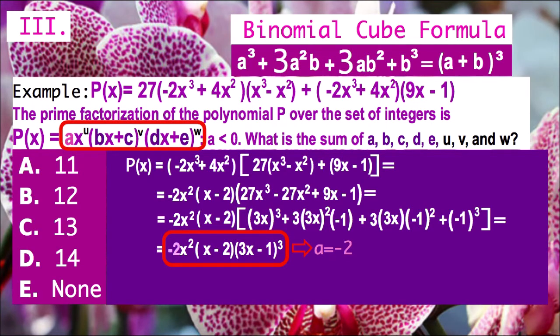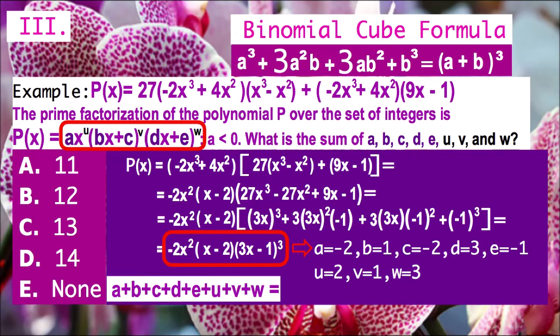From this, we can see that a is equal to negative 2, b is equal to 1, c is equal to negative 2, d is equal to 3, e is equal to negative 1, u is equal to 2, v is equal to 1, and w is equal to 3.